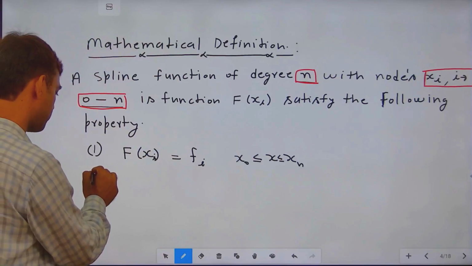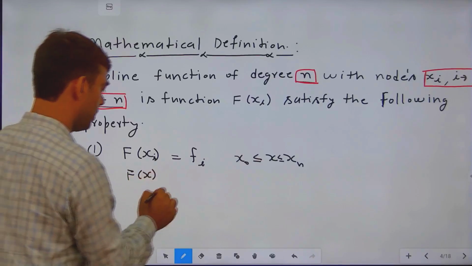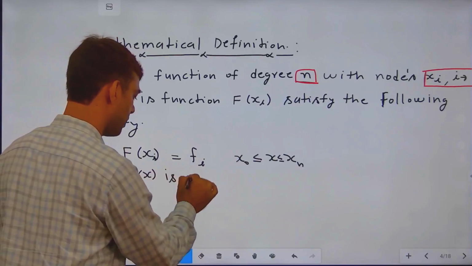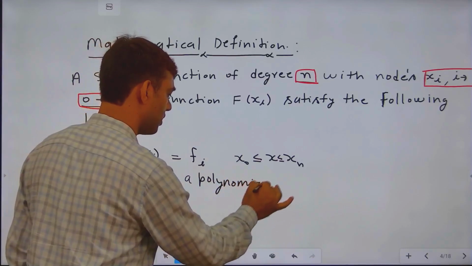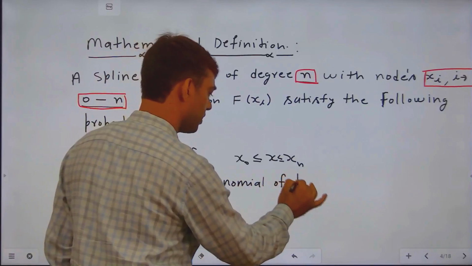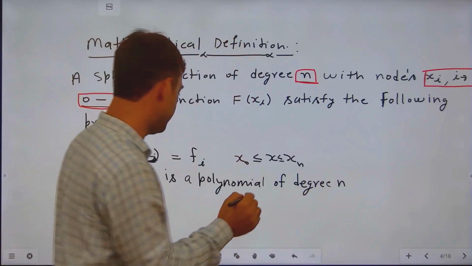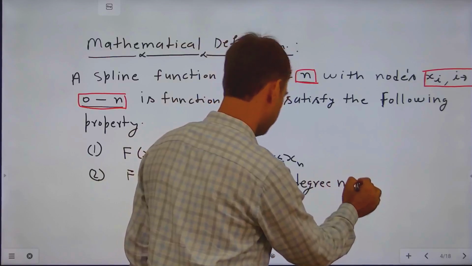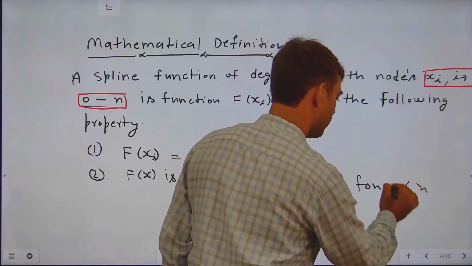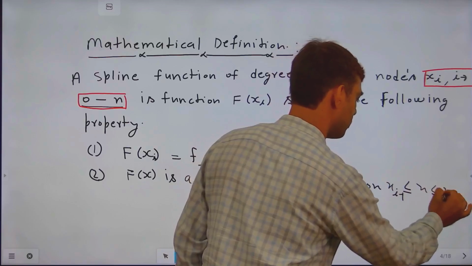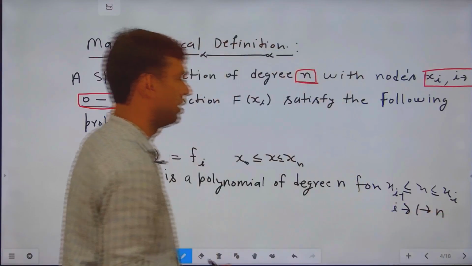Second one, f(x) is a polynomial of degree n between each class interval, for x between x(i-1) to xi, where i ranges from 1 to n.